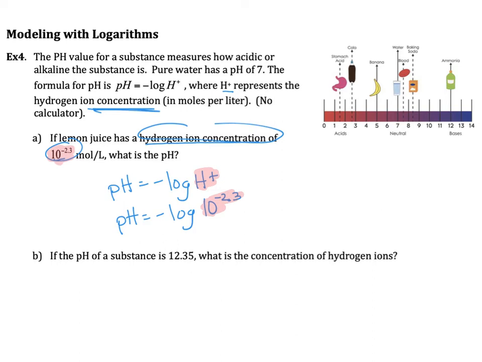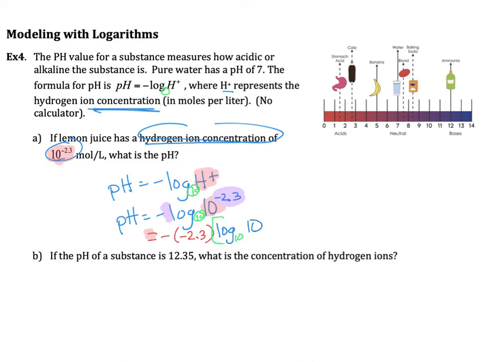So now I need to simplify this. How do I simplify? Well, the power rule says I'm going to take this number, negative 2.3, and put it in front. So I would get a negative, and then negative 2.3 times log of 10. Now, if there is no base, that's the common logarithm, so we're just going to put in a 10.